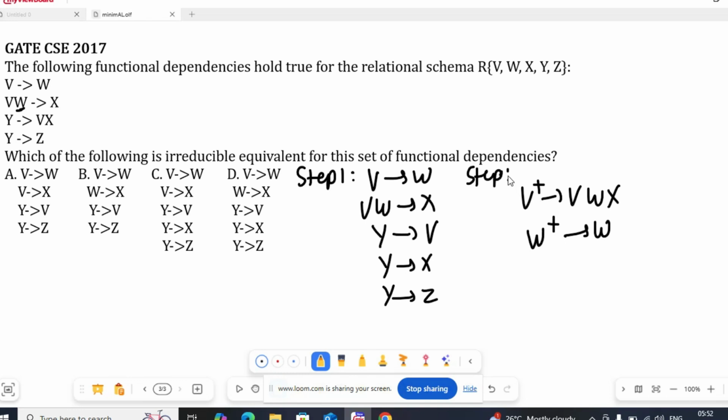Now after step 2, what will the functional dependencies be?